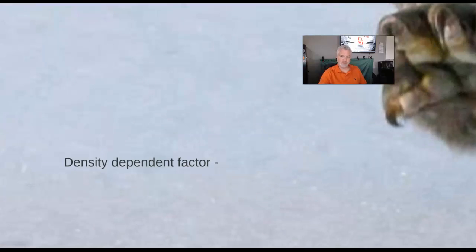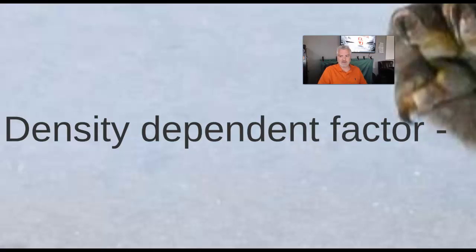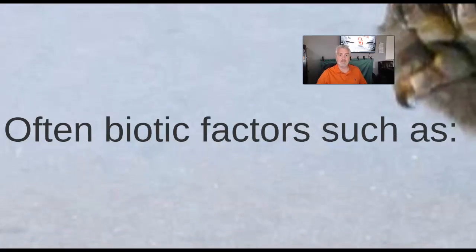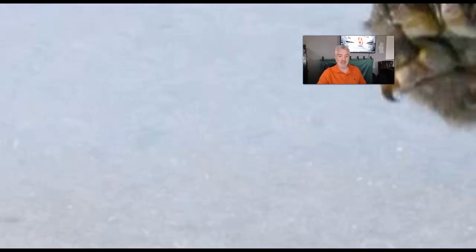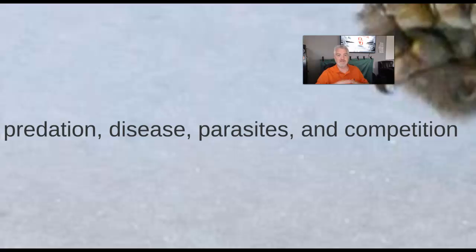And then we talked about density dependent factors, which are factors that are going to really depend upon the density. They're oftentimes biotic factors. So the higher the density, the more of an effect they're going to play. Predation, disease, whether it's from bacteria or virus, the higher the density of that population, the more that disease is going to spread throughout the population.